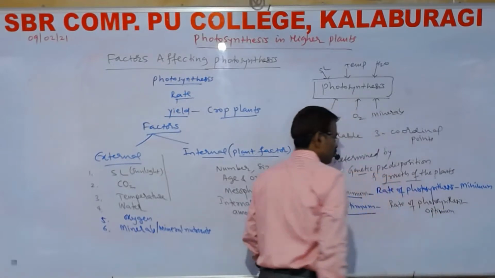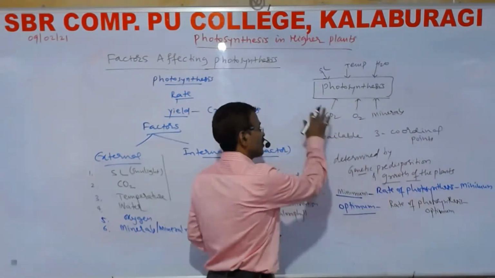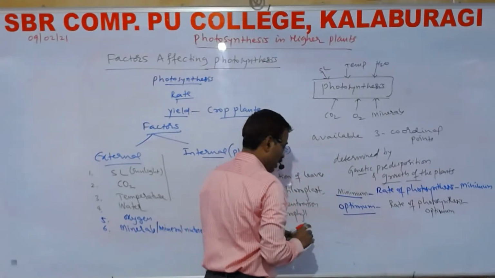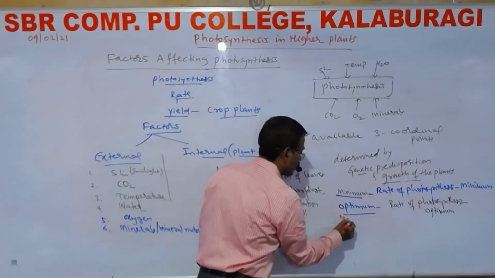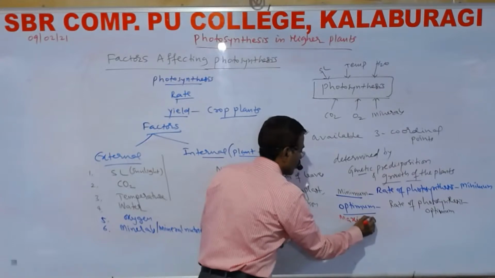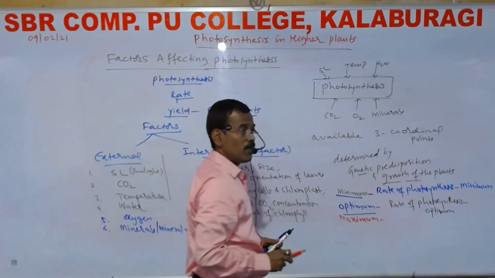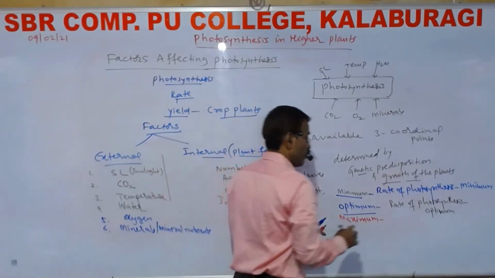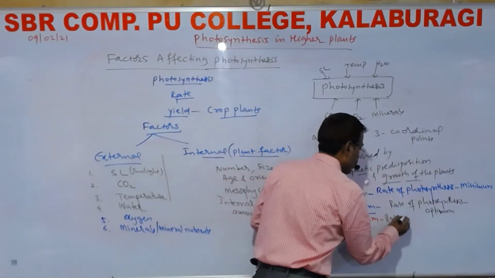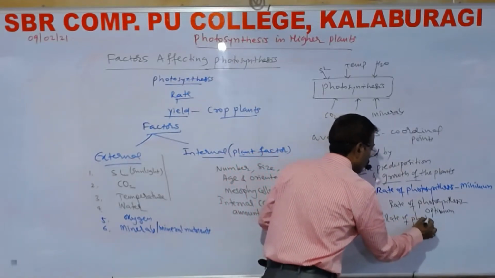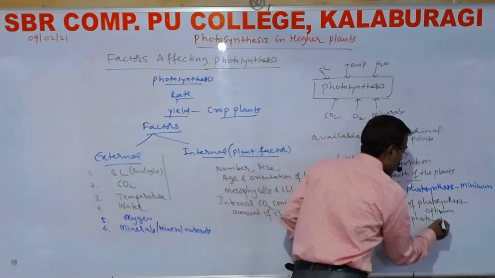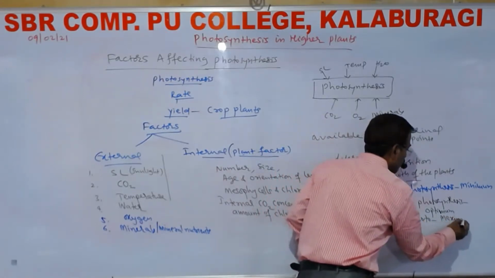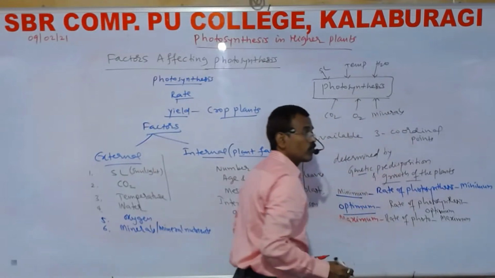Minimum means low. How much is required? Normal required concentration. When the external factors are available in maximum amount, the rate of photosynthesis is maximum, high, but only up to a certain level.